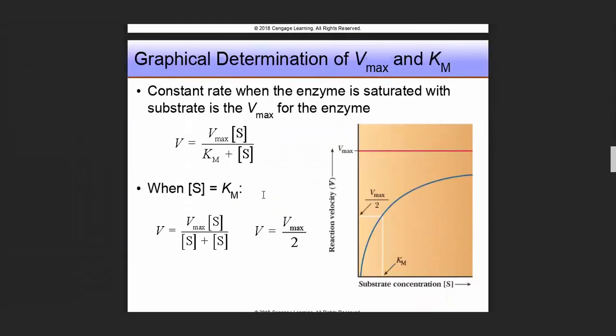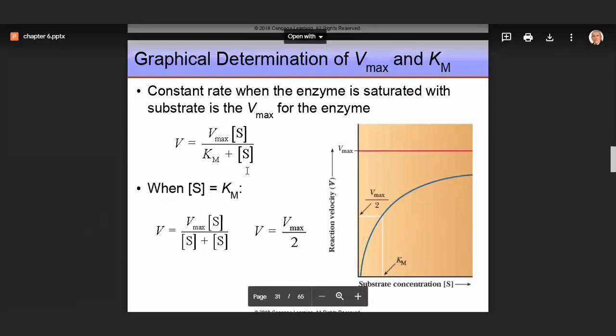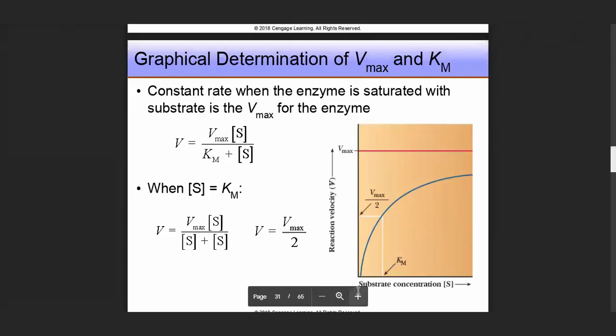Again, the constant rate when the enzyme is saturated with substrate is the Vmax for the enzyme. Now, if we take this equation and plot initial velocity versus substrate concentration like this, we get a hyperbolic type of curve.